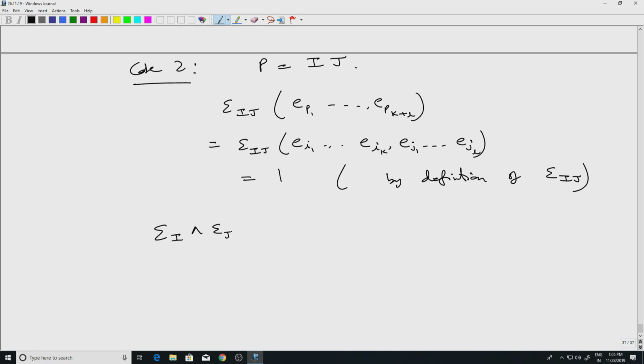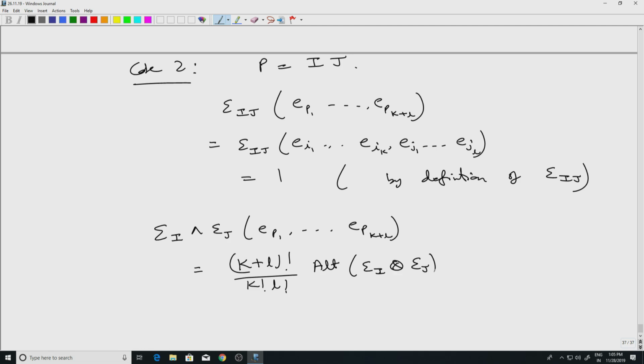This acting on e_{p1}, e_{p_{k+l}} is by definition (k+l)! / (k! l!) times Alt of epsilon I tensor epsilon J evaluated on e_{p1}, e_{p_{k+l}}.